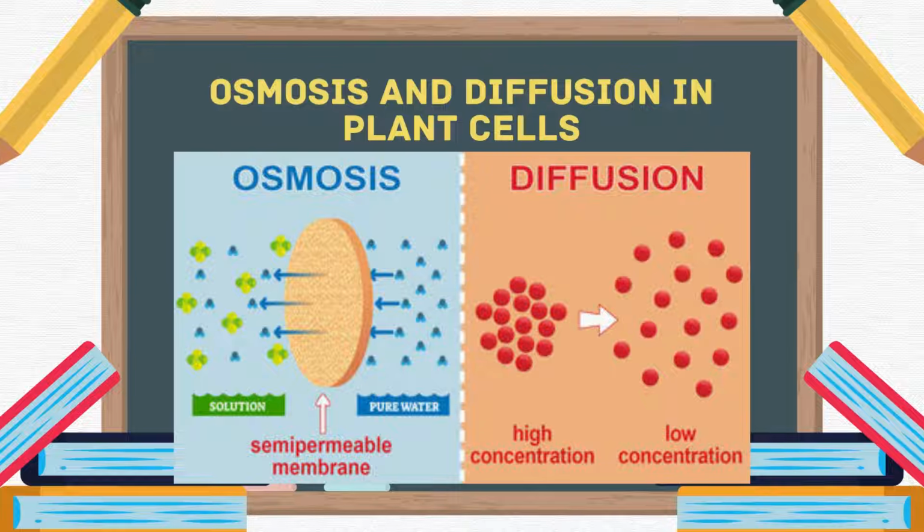Now, what will happen in the plants? Remember, we're talking about osmosis. We said that the water molecules pass through a differentially permeable membrane, moving from a high water potential to a low water potential. That is the definition.